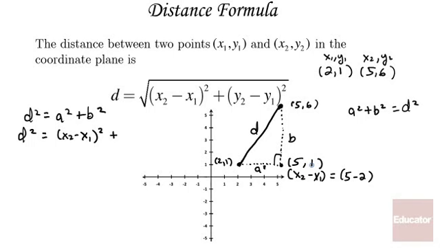Here I have x2, y2, and this could be x1, y1.